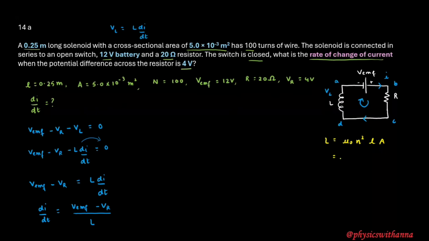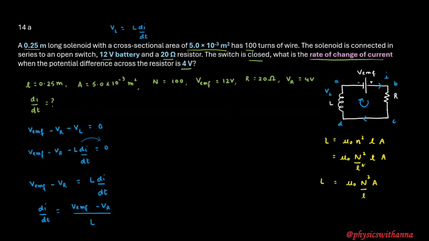You can rewrite this as mu naught. Small n can be written as number of turns over the length l, and since it is n squared, we square the terms, l times A. Then cancel off 1 l from here, 1 l from bottom. You get L to be equal to mu naught N squared A over l.